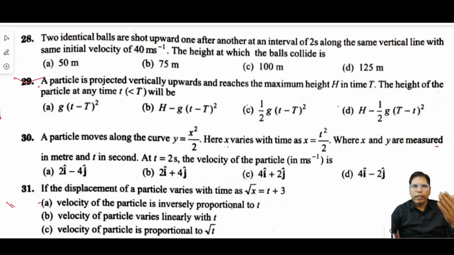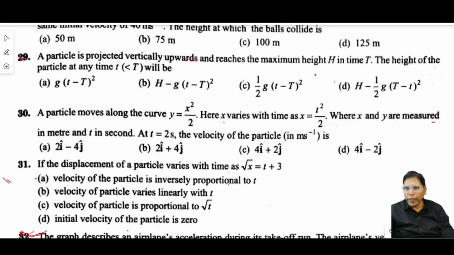Now question 29. A particle is projected vertically upward and reaches the maximum height H in time t. So H is equal to half g t squared. H is the height ascended by the particle in time t.